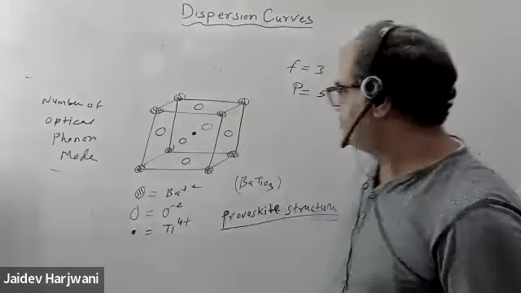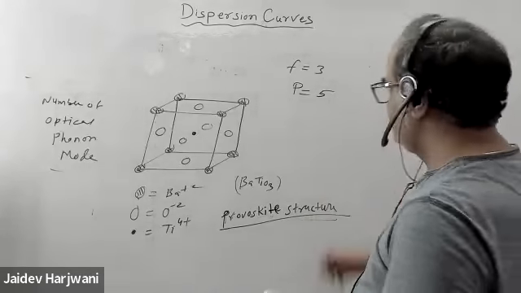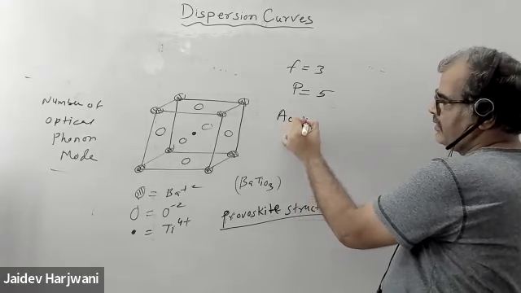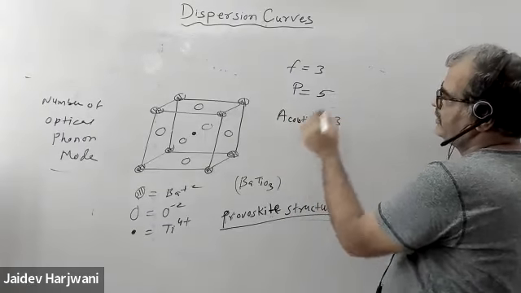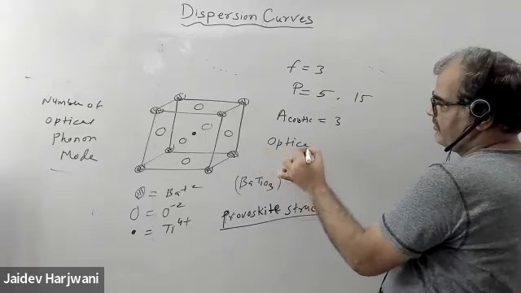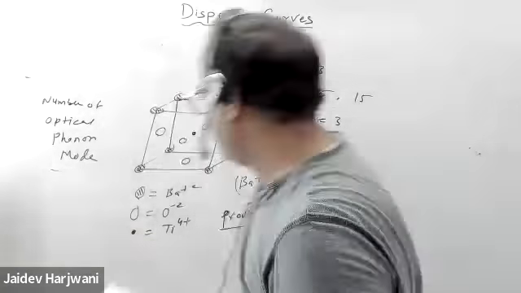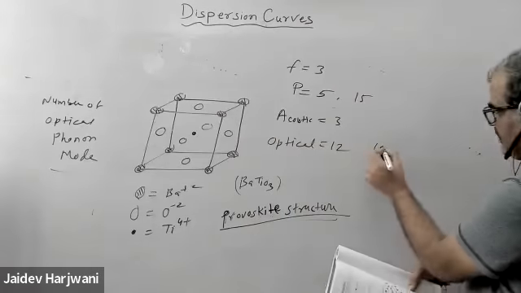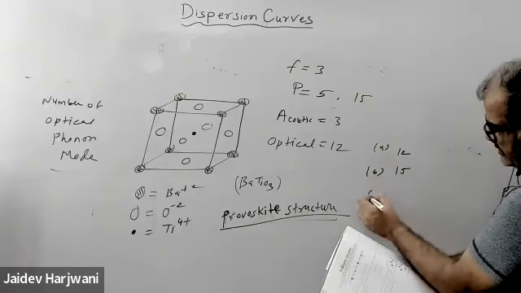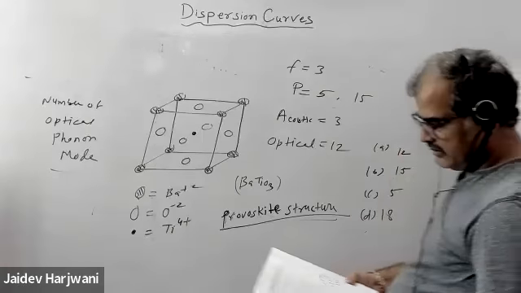Now how many optical branches will there be? Acoustic will be 3. Total will be 15. So optical will be 12. The options are A: 12, B: 15, C: 5, and D: 80.